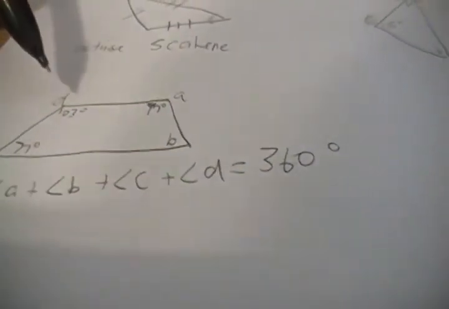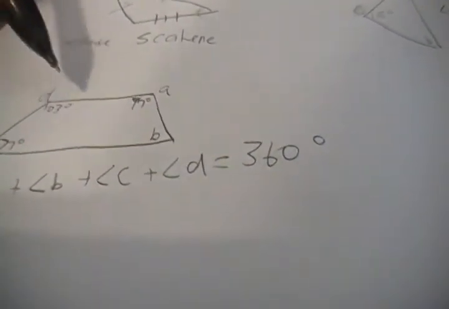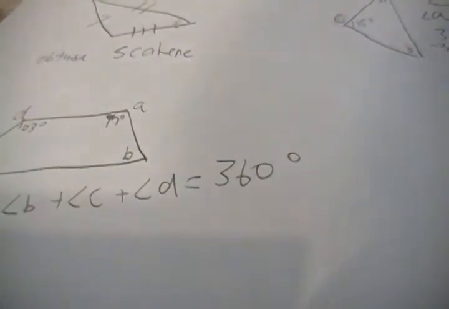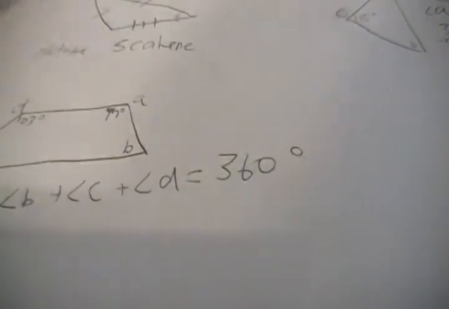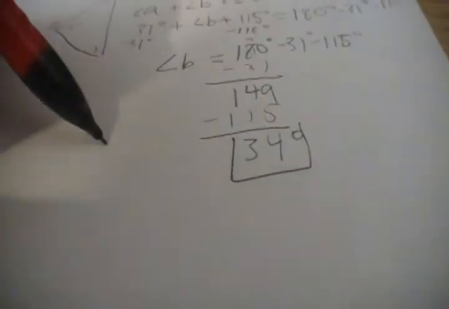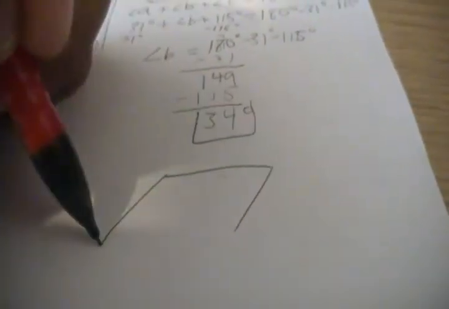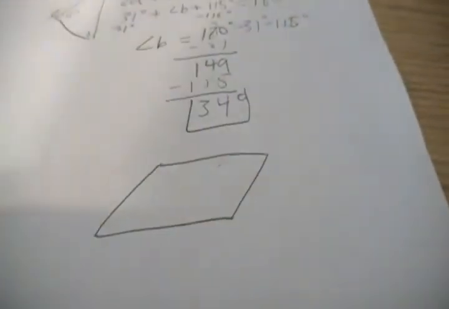So pretty much a quadrilateral is kind of like double a triangle. This is just a concept. Any quadrilateral, so let's just draw a parallelogram. This is technically a type of quadrilateral.